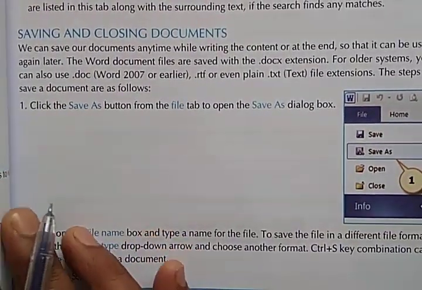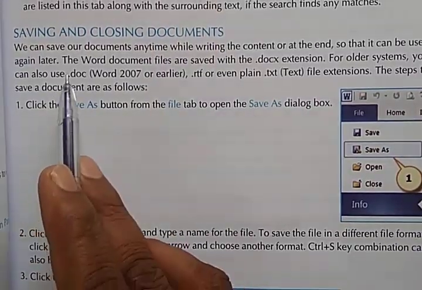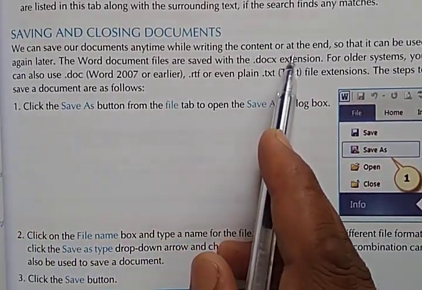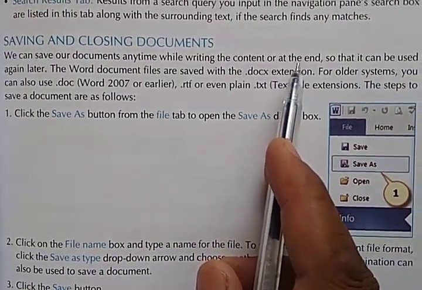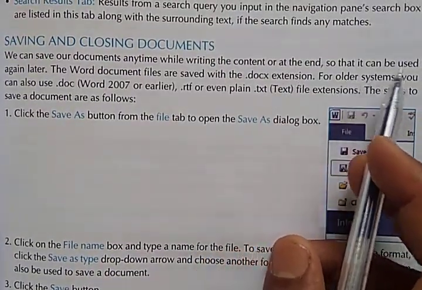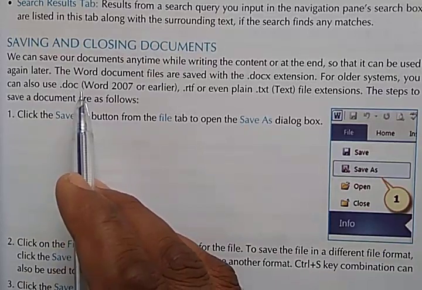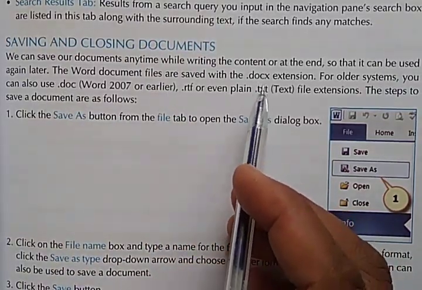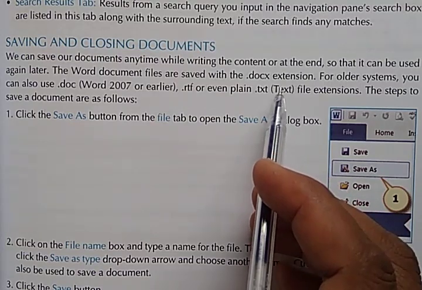Saving and closing documents. We can save our documents anytime while writing the content or at the end. We can save so that it can be used again later. The Word document files are saved with the .docx extension name.